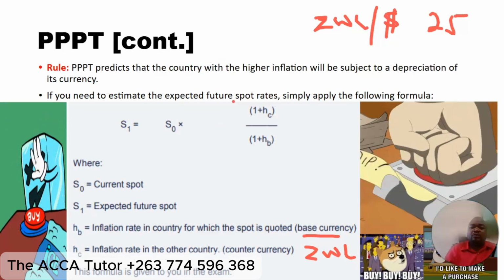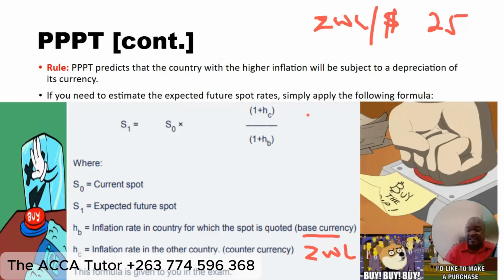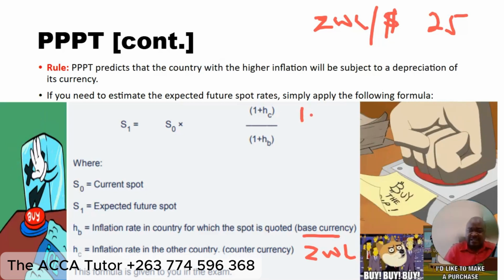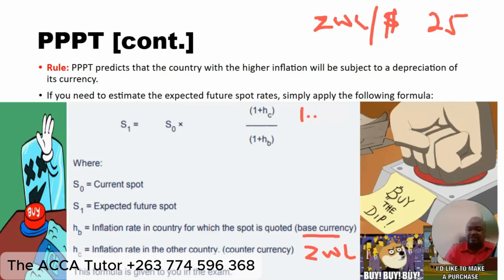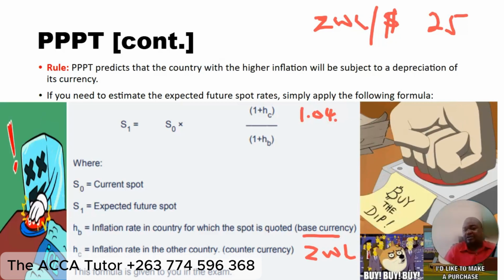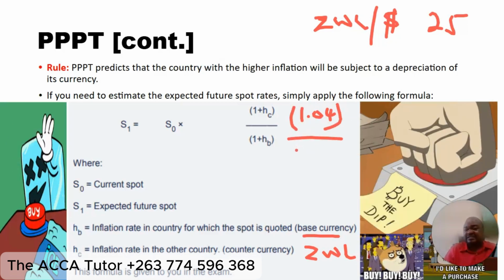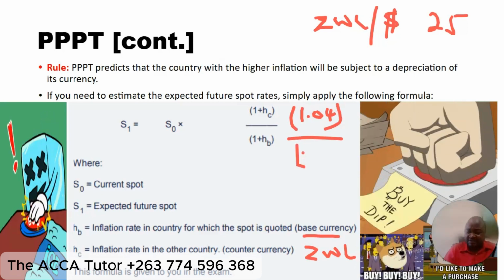So you then slot in the inflation rate on top. If the inflation rate for the US was 4%, you just have to say 1 plus 0.04. And if the inflation rate in Zimbabwe is 7%, then, sorry, I'm confusing.